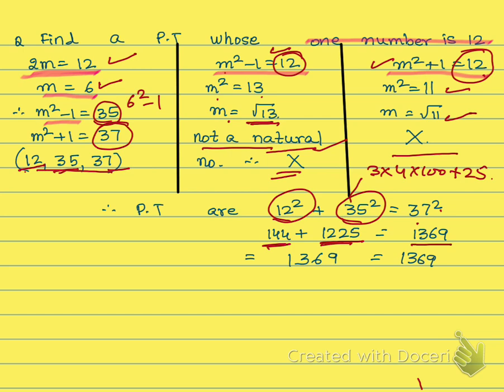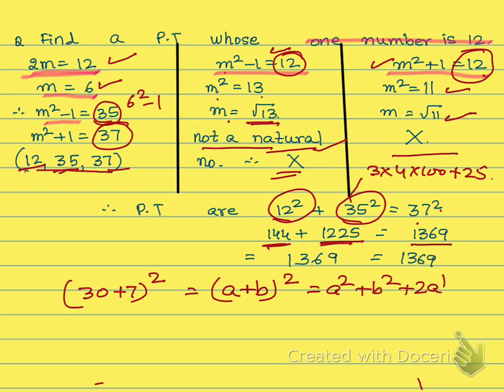There are tricks for doing this as well. How do you do that? 37 square is 30 plus 7 whole square, which can be found out by a plus b whole square, a square plus b square plus 2ab. Pretty easy, right? So I get here on both sides, left hand side equals right hand side, hence goes on to show that our answer is correct.